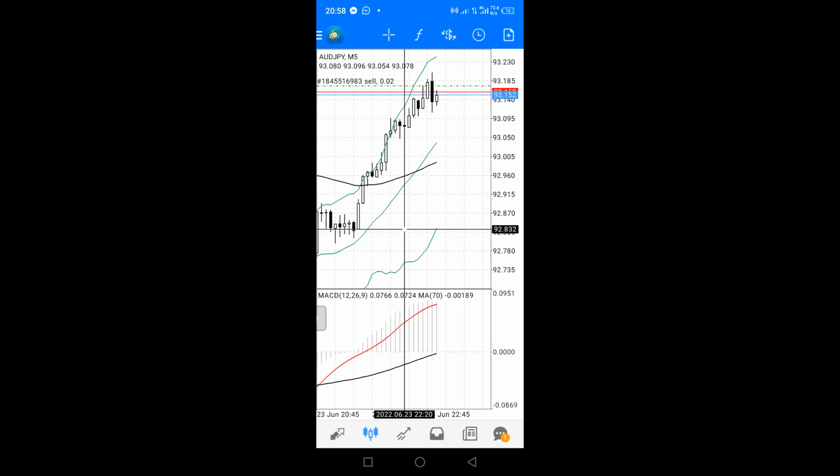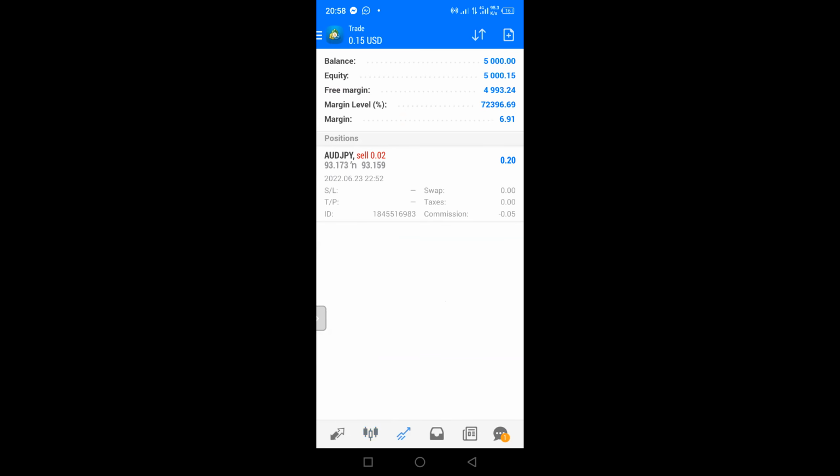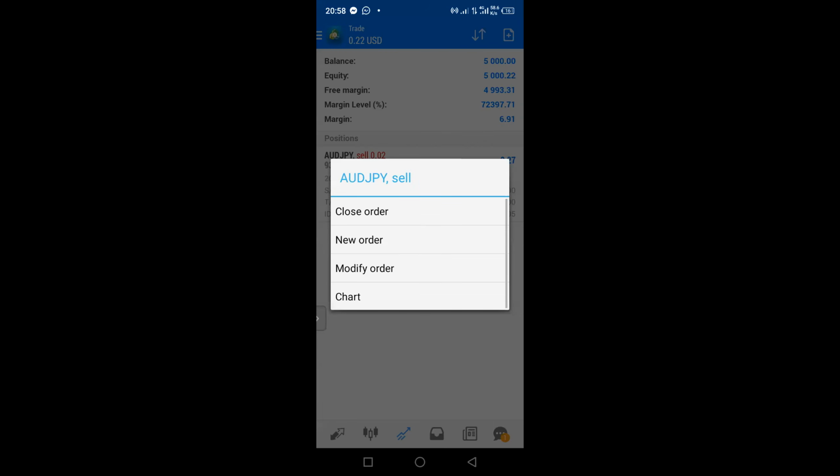How do I confirm that? I can take my cursor exactly to that point and it gives me my entry price, which is similar to what I had here, 93.173, right? So you can see how I'm moving from one part of the screen to the other by just clicking for 2 seconds and taking off my finger.